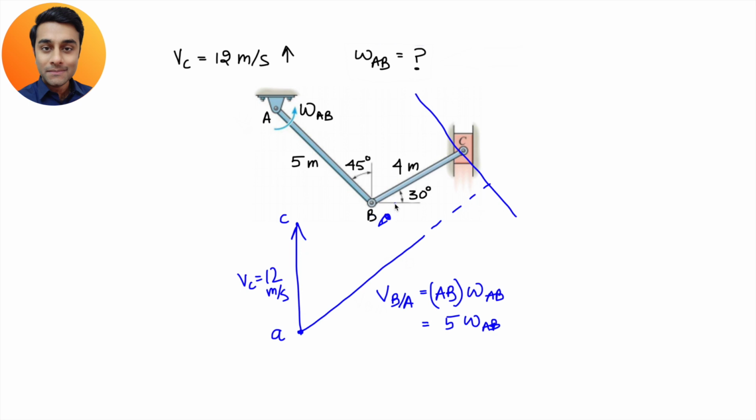So let us draw a line perpendicular to BC like this, right? Now what are the things we know about this line? First, it should be perpendicular to BC. Second, since it is telling you the velocity of C with respect to B, it should pass through C, right? This is the second point.